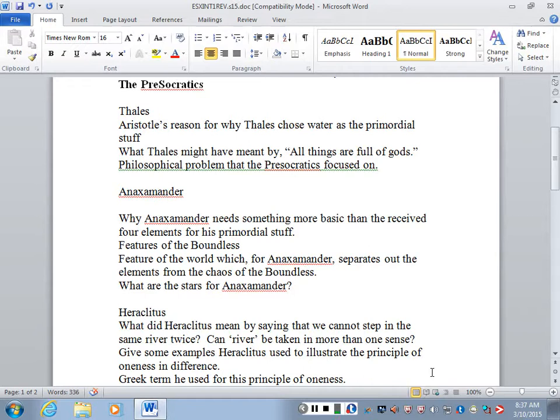The only thing in the recorded review session, at the very end, is a little bit on Plato's three-part soul. We didn't get to that, so that's not going to be on your test. And again, just because there's no section on the review sheet for the PowerPoint on Plato's forms doesn't mean it won't be on the test. It will.